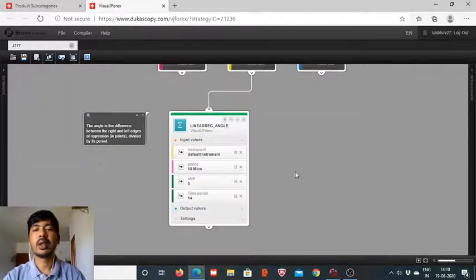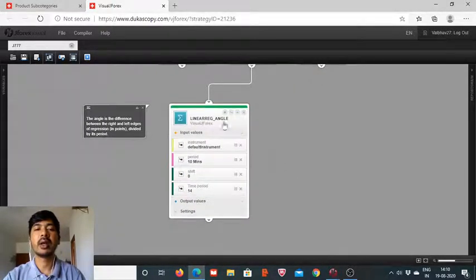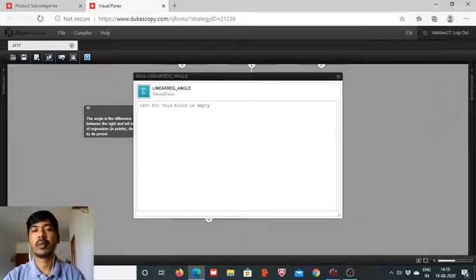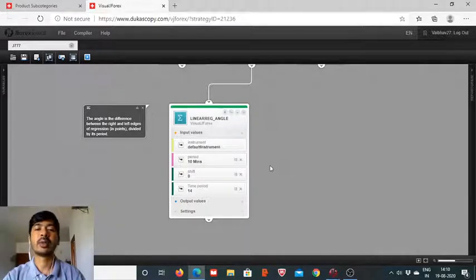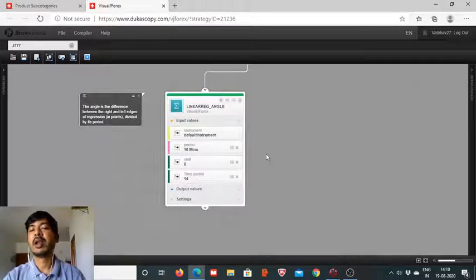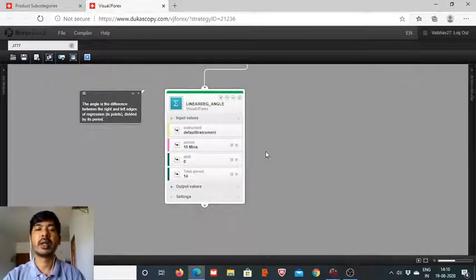Now coming to the linear regression angle, this is the indicator. Here we are not really getting this information even if we click on the info block. So I would say that if you need the exact formula for how it is calculated, you will have to do some search on the internet and you will of course get the answer.